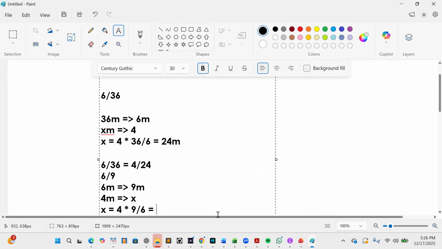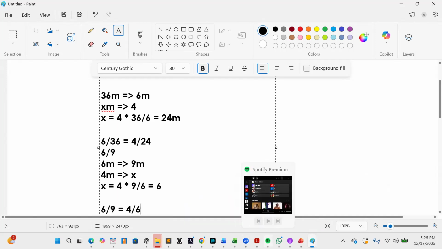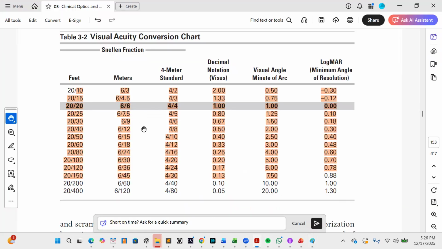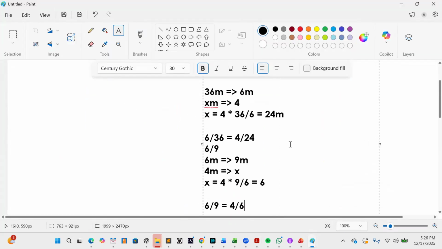And that will equal 6. And so 6/9 should be equal to 4/6. Then convert to 4 meter. Can you see?